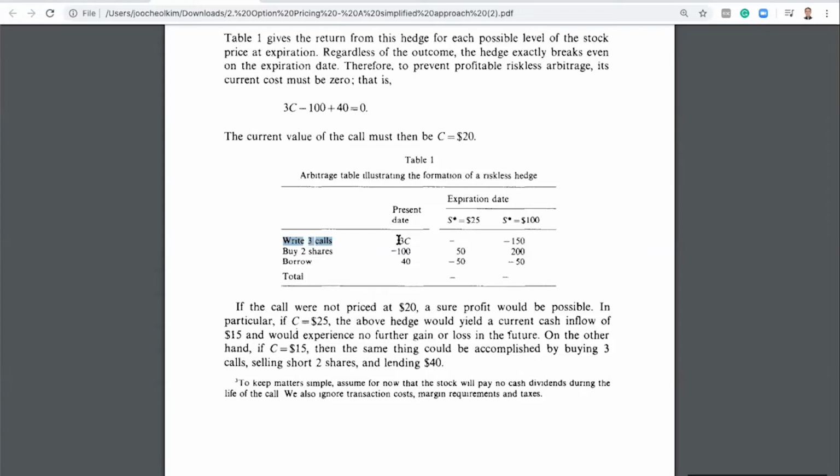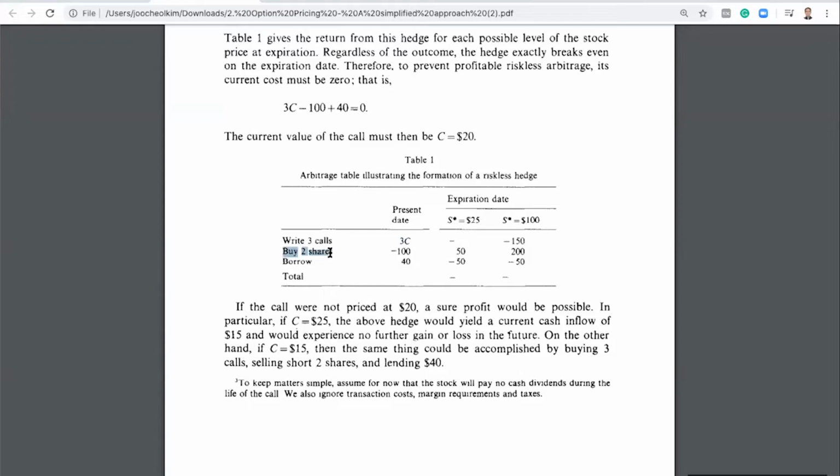So please think about this money from the cash flow point of view. Later, we are going to use another point of view, but right now, we just think about it as a cash flow. So since you sell 3 call options, you will get 3C. So that's a positive number. So I take the money into my pockets.